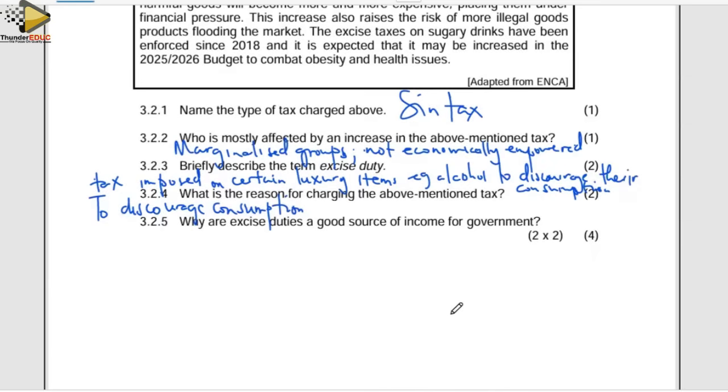Or we can also say that it's a way of raising revenue for the government. Because remember, products like alcohol and cigarettes are habit-forming goods. And as a result, people who consume them can hardly do without them. They will sacrifice to try and find an income to purchase them. So it's also a guaranteed way for the government to raise revenue.